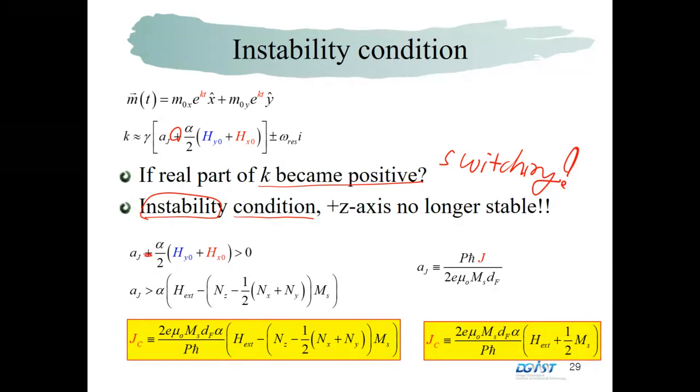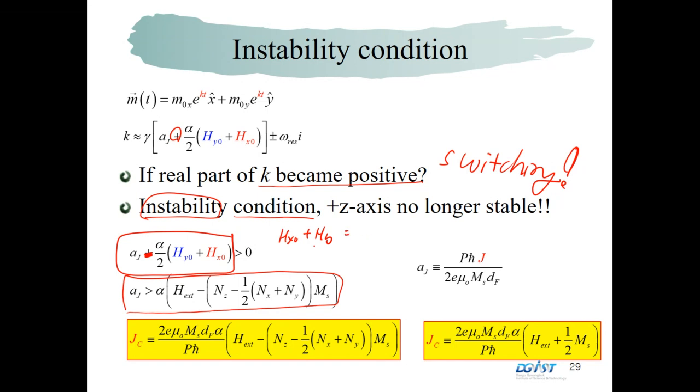So let's calculate this condition again here. AJ should be larger than this form. Here, hx0 plus hy0, half of them gives us H external minus this form. And generally, this is 0, this is 0, this is 1. So anyway, let's recall the AJ here.